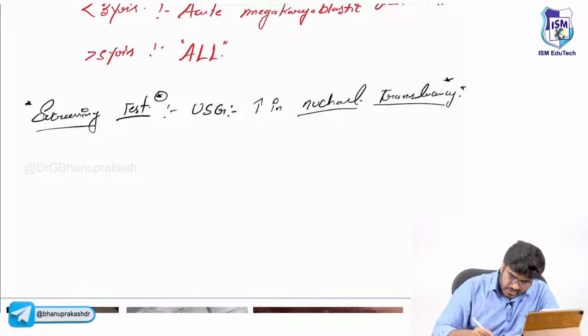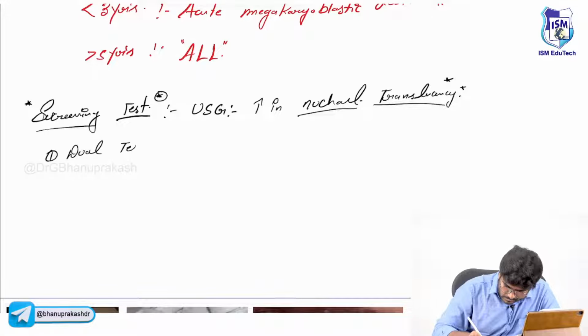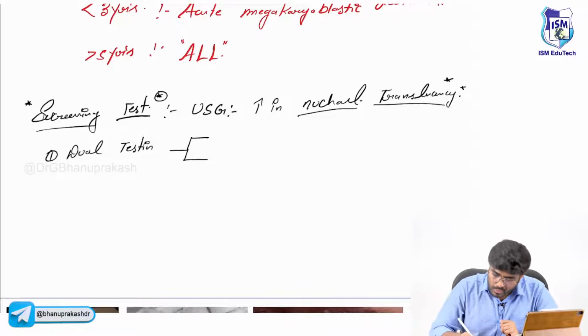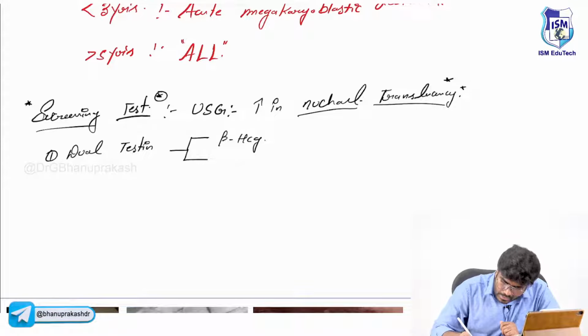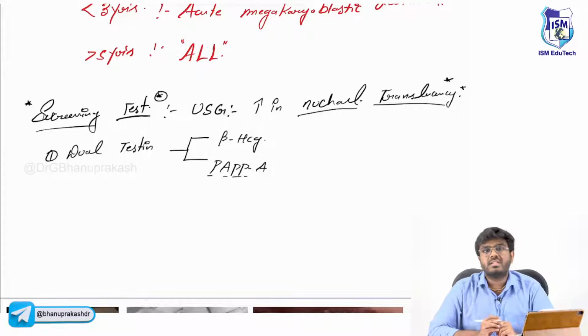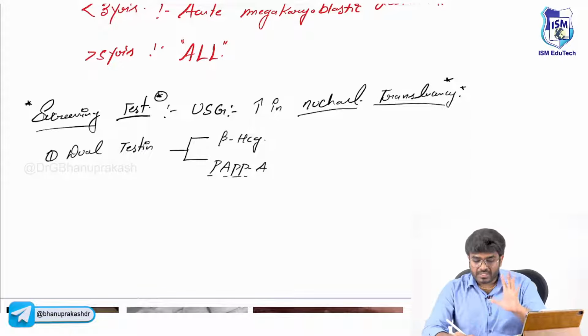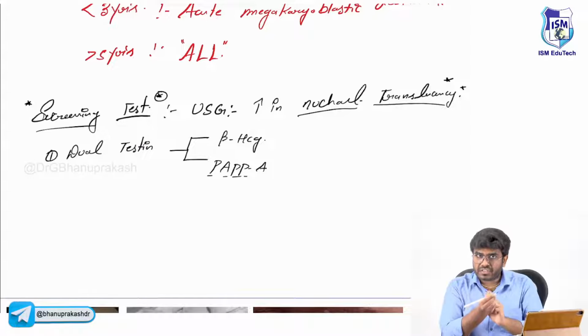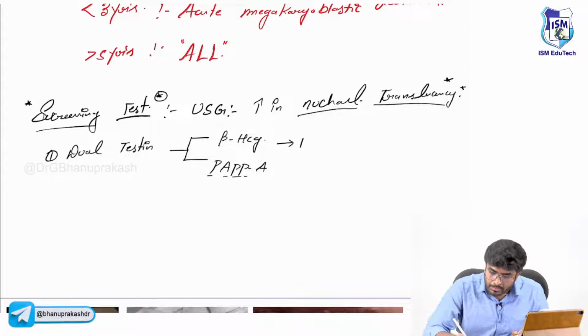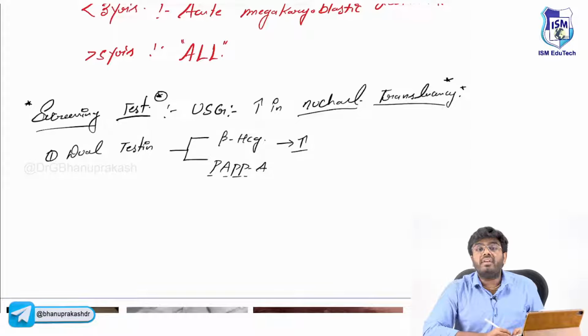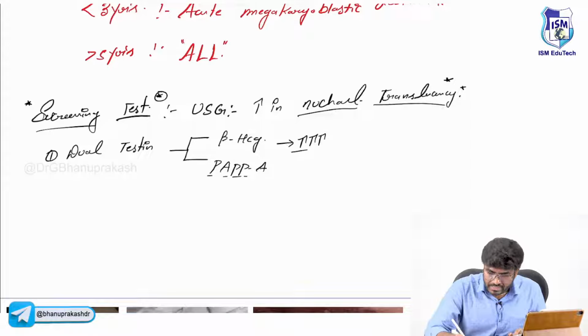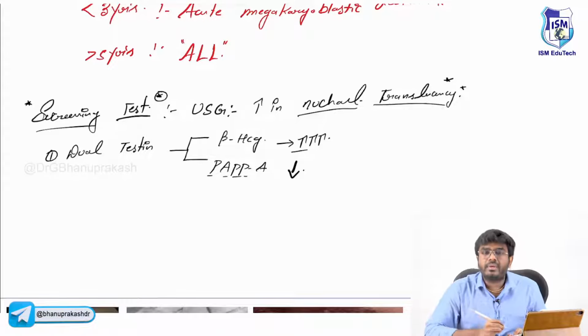The other confirmatory tests include a test called dual testing. In this dual testing, you are going to check for two markers. One is beta HCG and PAP-A, pregnancy associated plasma protein A. When you do this dual testing, especially in the first trimester, the beta HCG levels in the mother are very highly elevated, and PAP-A levels are going to be decreased.